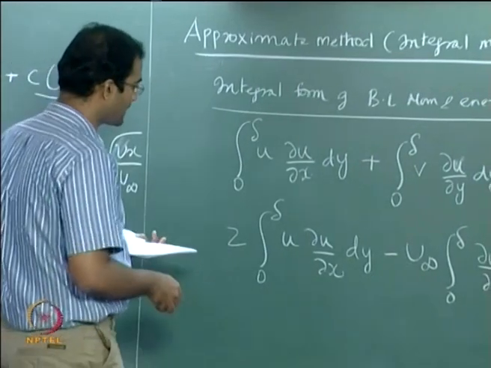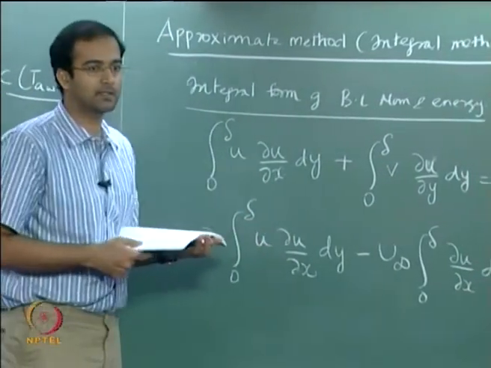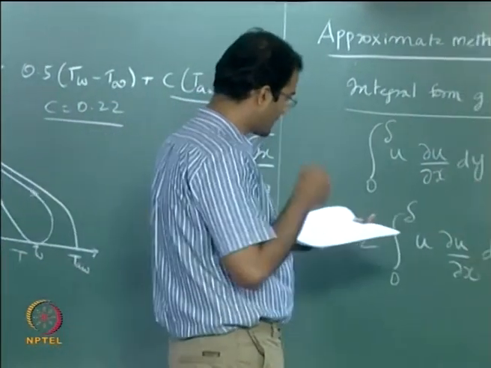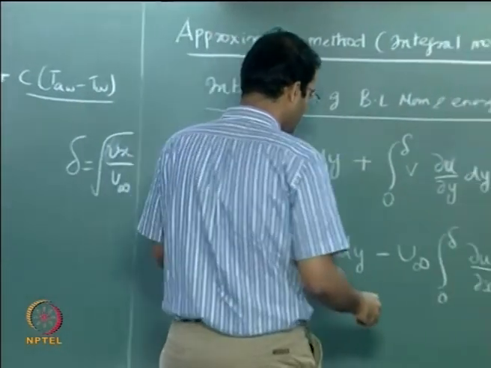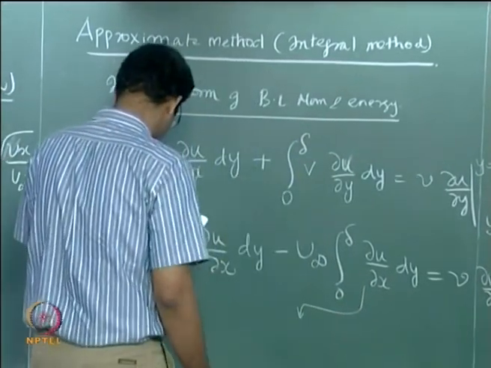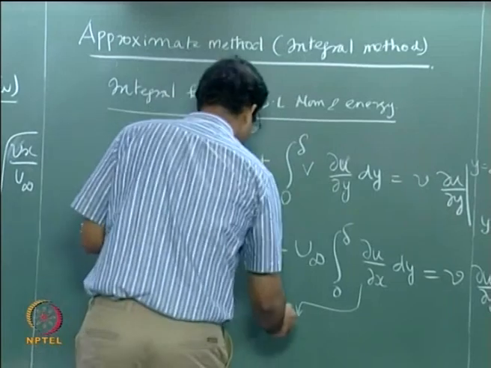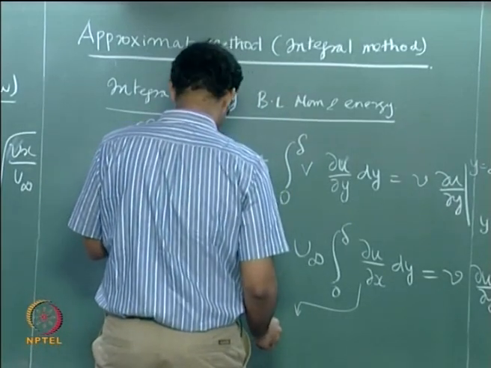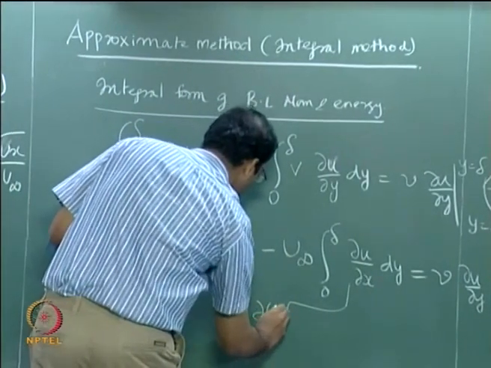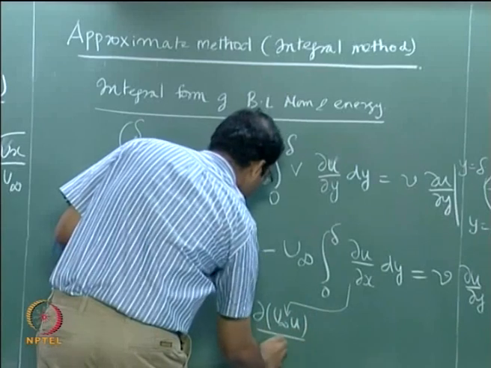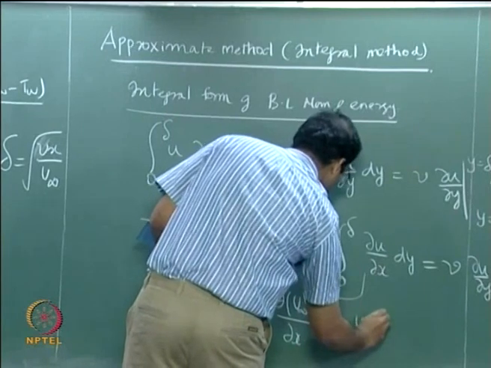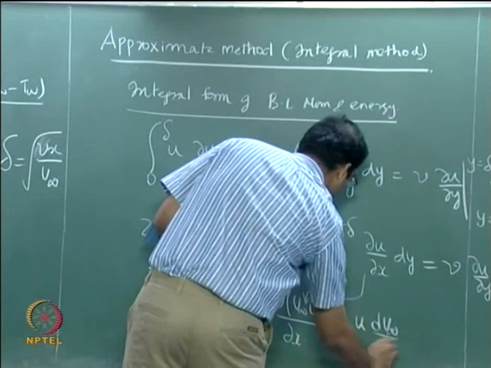Okay, so this is nothing but the momentum integral equation, but still not the final form. So I am just going to rearrange some of the terms. I can once again integrate by parts. I can write this as d of u infinity u by dx minus u into du infinity by dx.